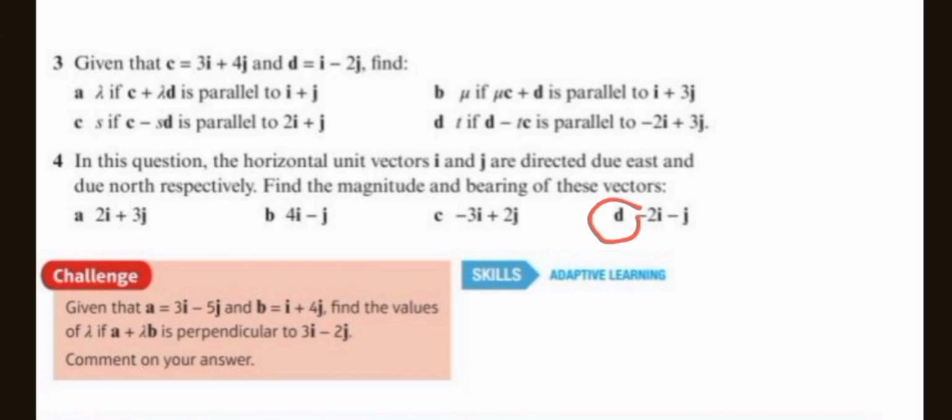So first let's find its magnitude. That is the answer if I put it in the calculator.